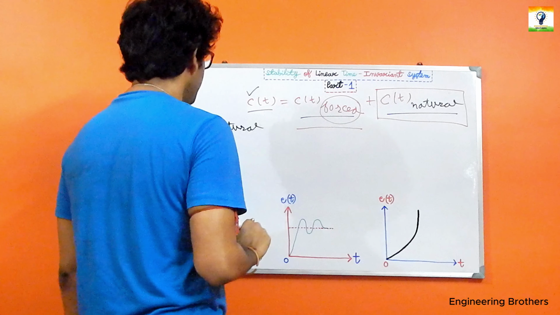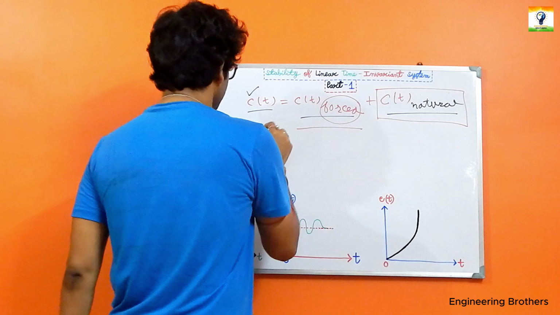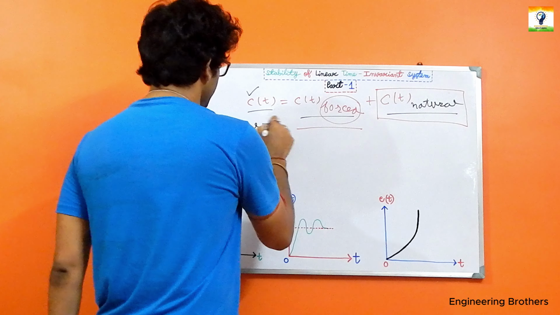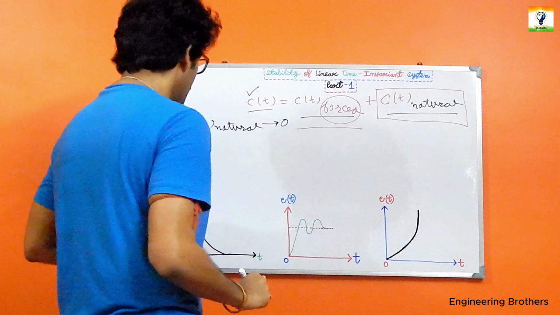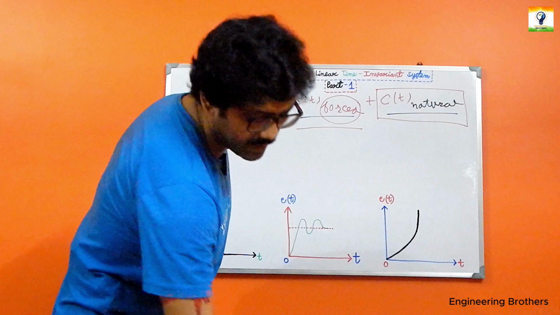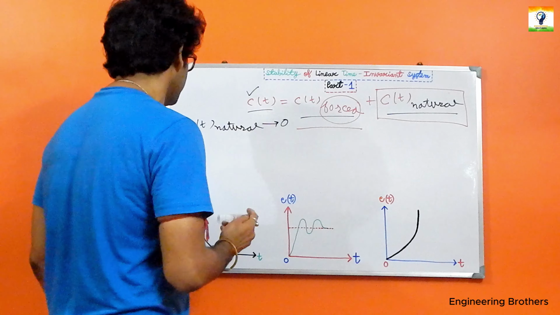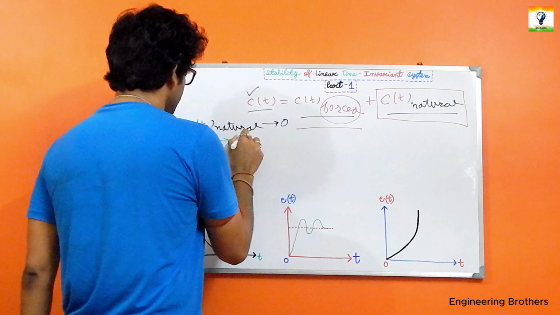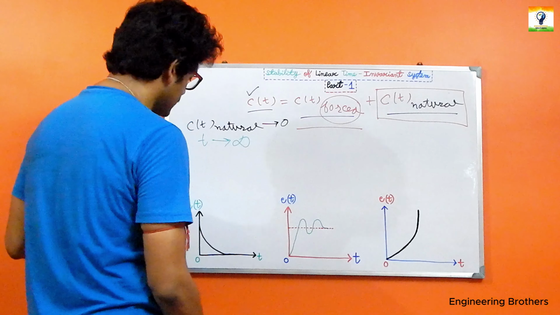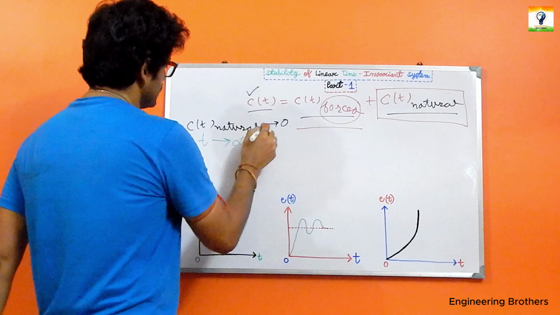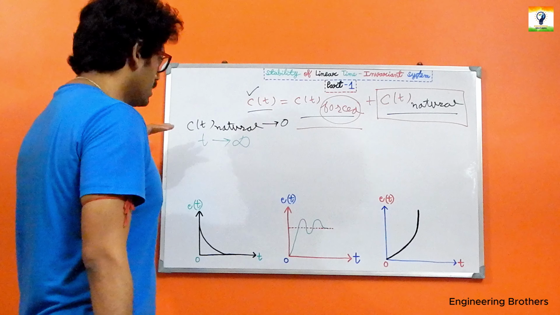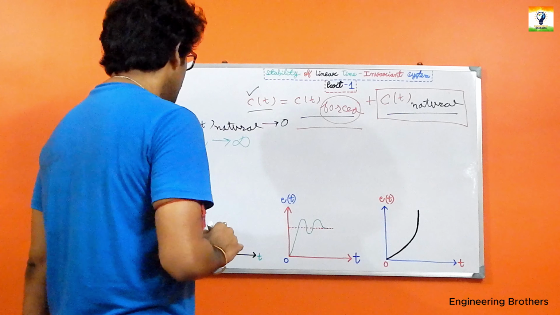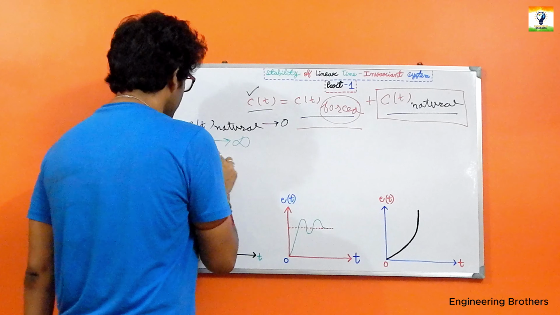If c(t) natural tends to 0 as time tends to infinity, as in the first waveform, you can see that as we increase the time, the waveform approaches 0. We can say that the system is naturally stable.